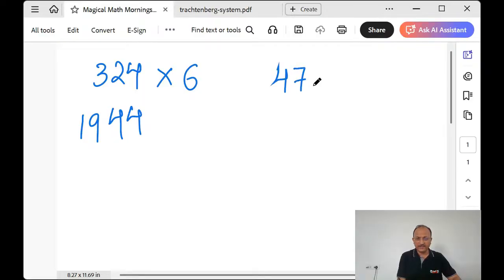Let's take this number, 4763 into 6. The first itself is an odd number, so directly add 5 and write. Do it quickly. I will start now.